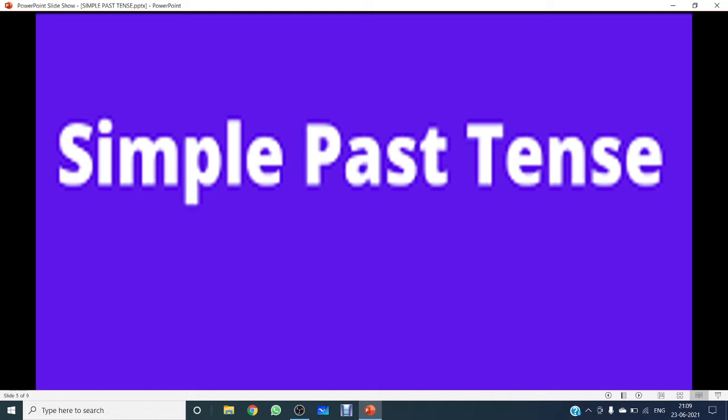For a definition, the simple past tense is used to indicate an action that was completed in the past. Now, I will be going through a thorough explanation with many sentences in simple past tense. Just follow me here.